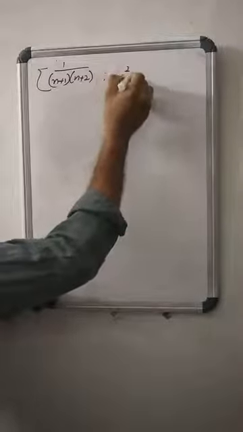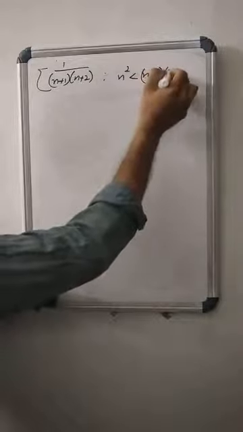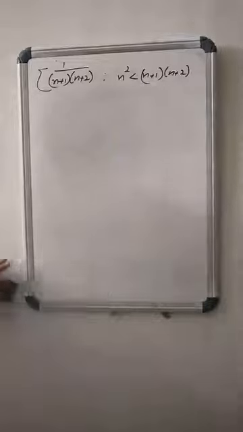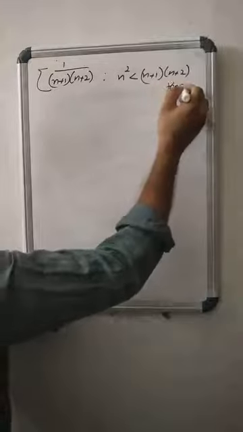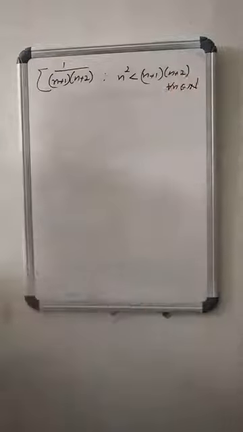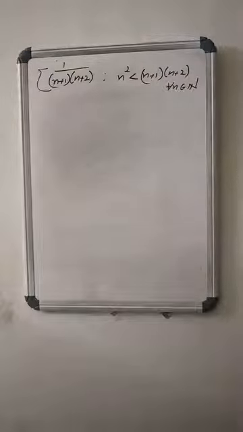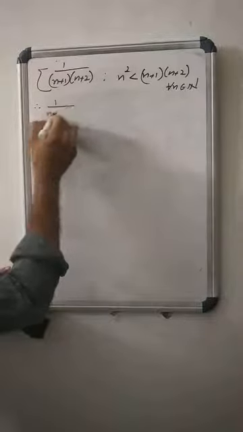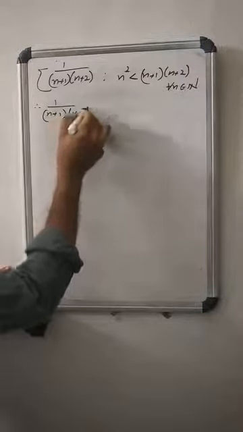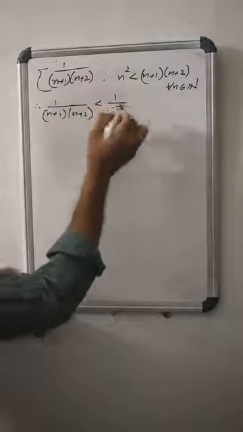How to test the convergence? So n square is less than (n plus 1) into (n plus 2) for all n in N. Therefore, 1 by (n plus 1) into (n plus 2) is strictly less than 1 by n square.